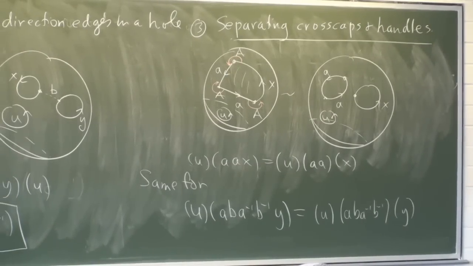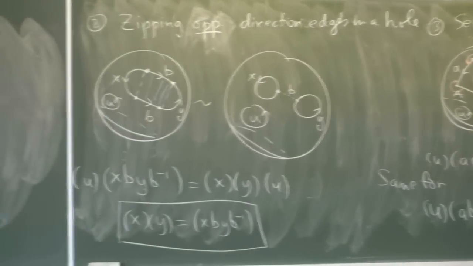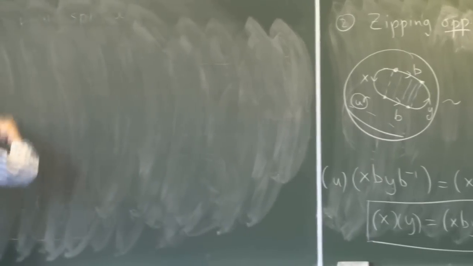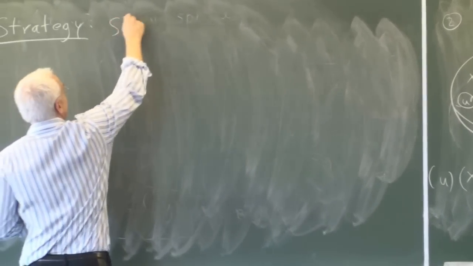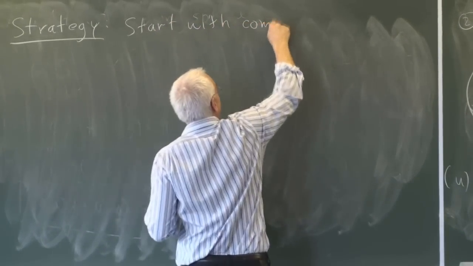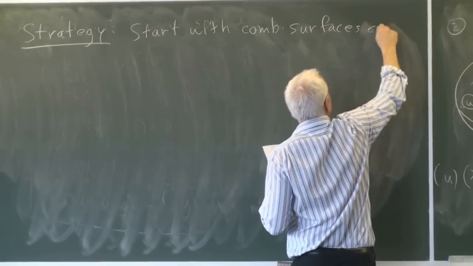Okay, so now our strategy for the proof. What we want to do is start with an arbitrary combinatorial surface, which is connected.